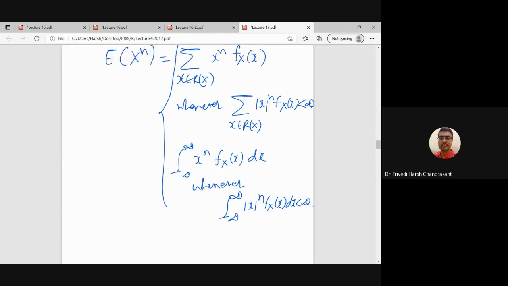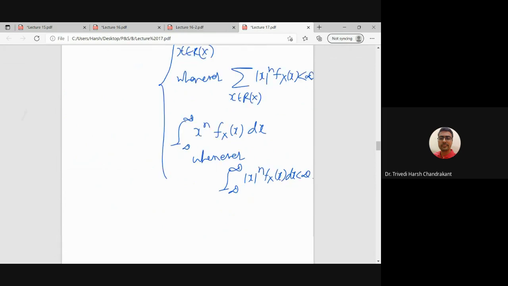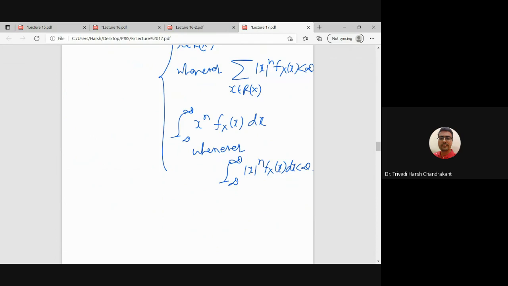We have found the expectation of several random variables in the last class: geometric, binomial, Poisson. So we have found the expectation of X. We can also find the expectation of X square for each known random variable. And using this moment definition, the next definition is the nth central moment.